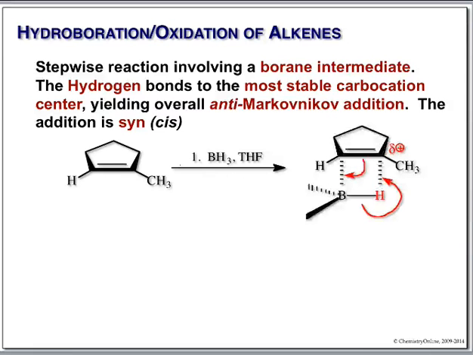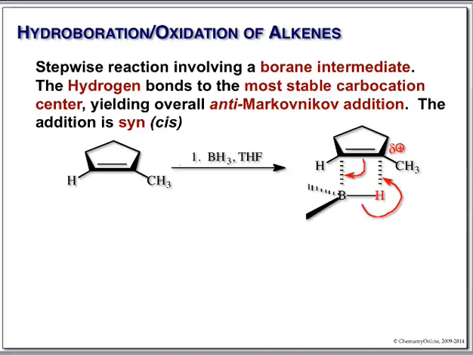Okay, step 1. We're going to take the boron-hydrogen bond, and in one beautiful fell swoop, one concerted reaction. Concerted means everything happens at once. The hydrogen with its electrons will go up.